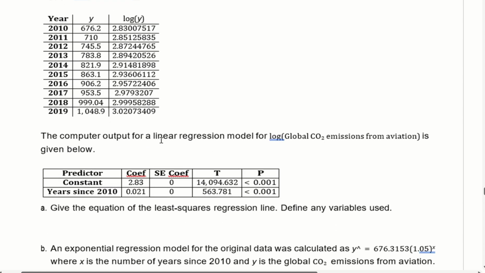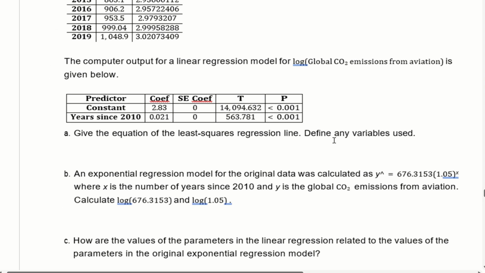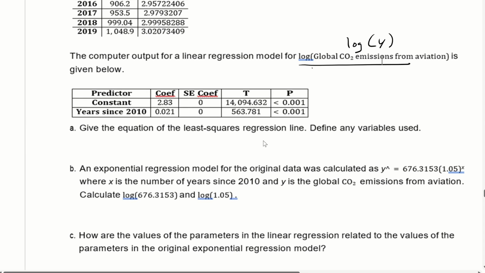The computer output for a linear regression model is given for log of global CO2 emissions. So they basically did log of Y right there. Given the equation, give the equation of the least squares regression line, define any variables used.